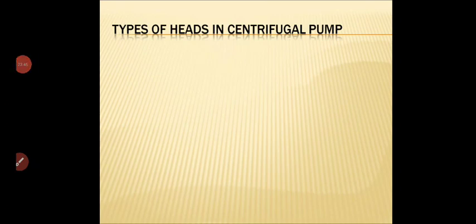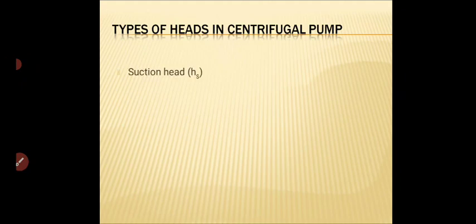Okay, I hope all of you understood the video of the centrifugal pump. And now we will discuss different types of heads in centrifugal pumps. There are 4 types of heads.